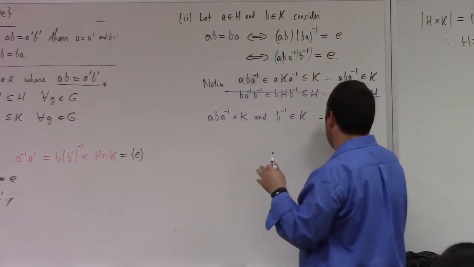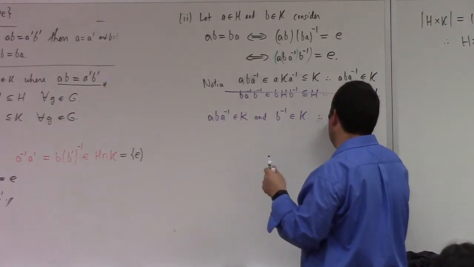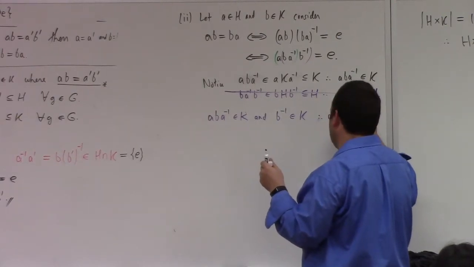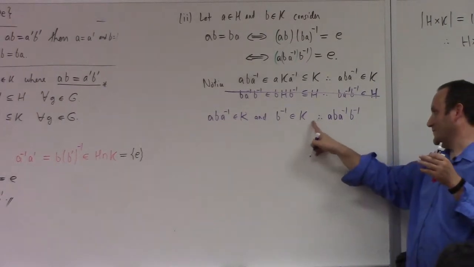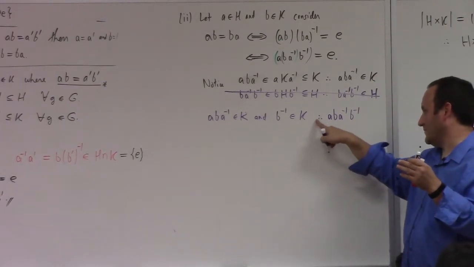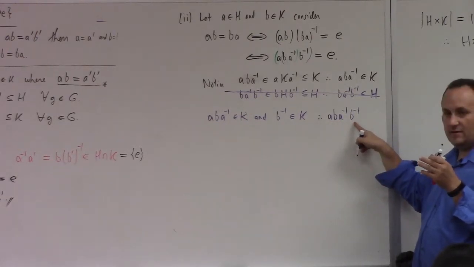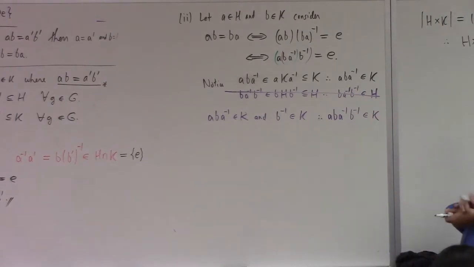So therefore, a seldom known mathematical construction, not to be confused with therefore. So therefore, which is a tired professor's therefore, A inverse B inverse is also in K, right? Ooh. Now we just need to show that it's also in H. But you can give pretty much the same argument to show it's in H, right?